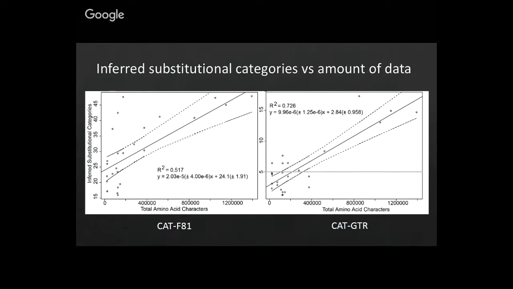Ideally, for a site-heterogeneous model, no matter what relative exchangeabilities you couple with the site-heterogeneous component of the model, we would hope that it's still estimating heterogeneity in the same fashion. It's a little unclear what overestimating site heterogeneity will do to phylogenetic inference, but in the case of CAT-F81 in simulation, that could be the case, that overestimating the amount of heterogeneity in the data set actually contributed to the error.